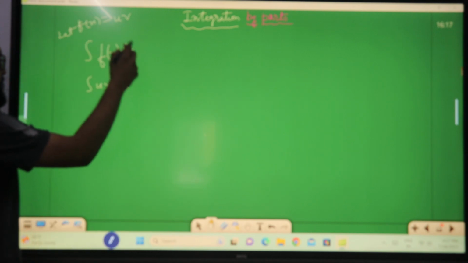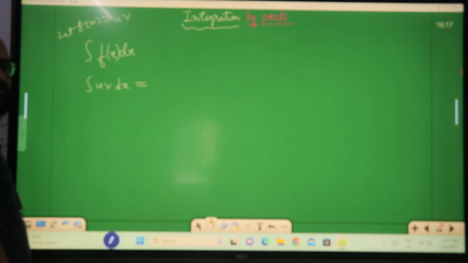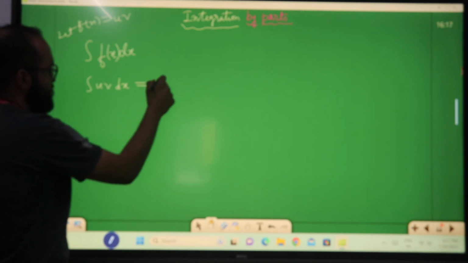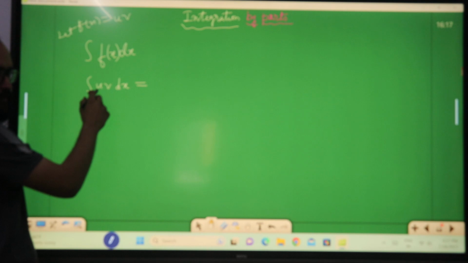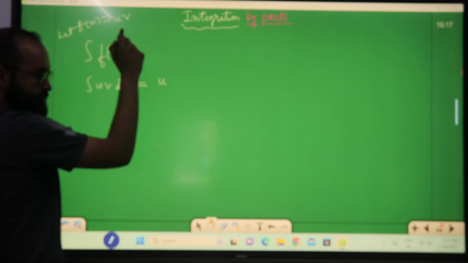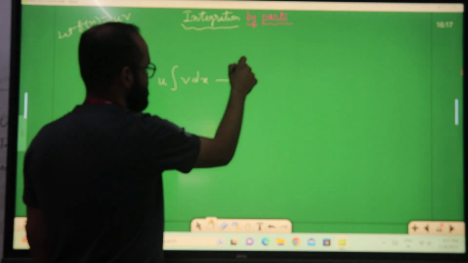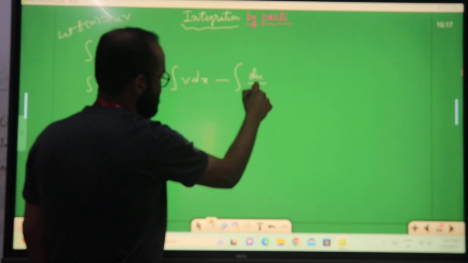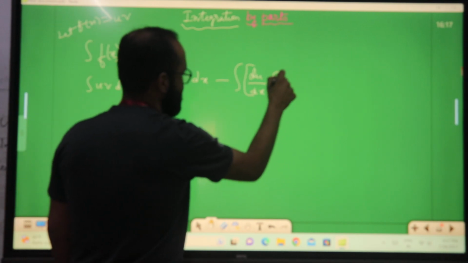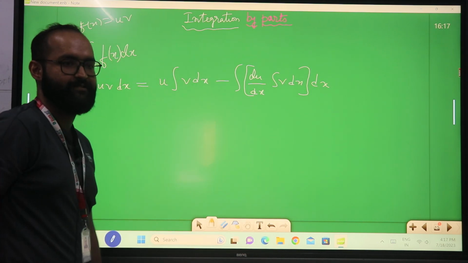Then your integration by parts will be given by, hold your breath, this formula. Let us take u as the first function, v as the second function. Then it will be first function into integration of second function, minus integration of differentiation of first function into integration of second function, whole integration.